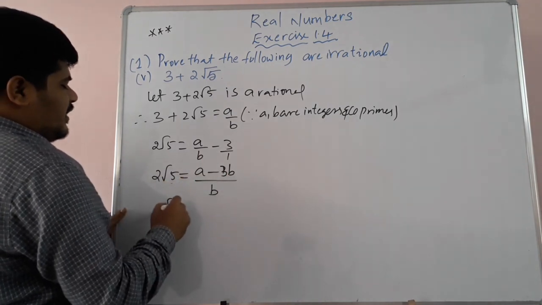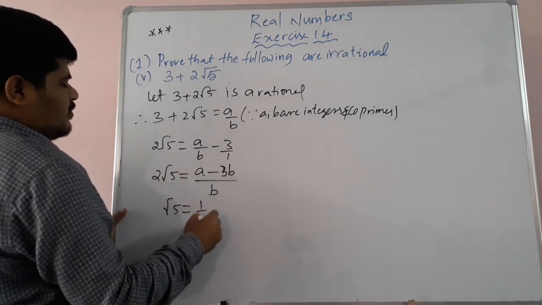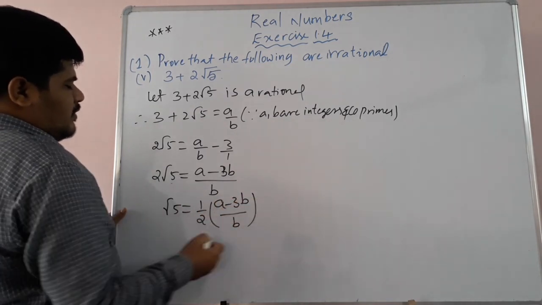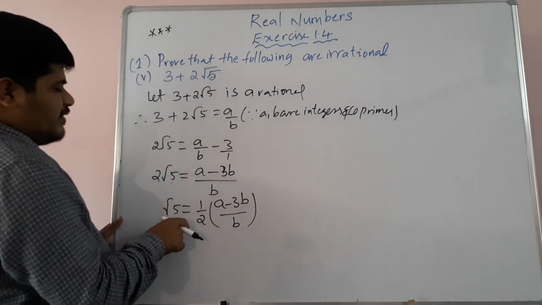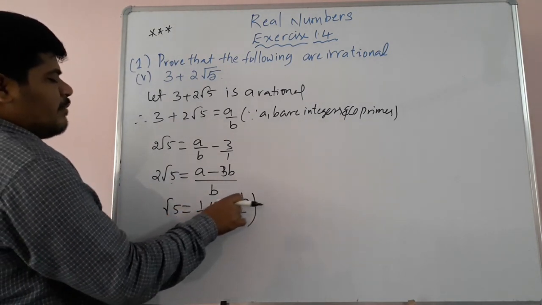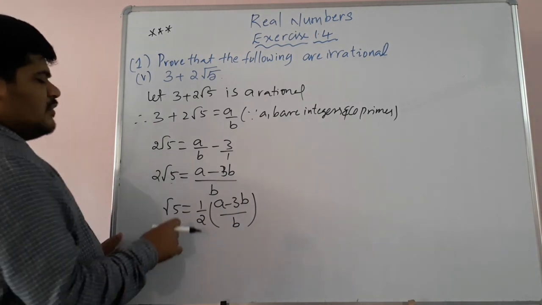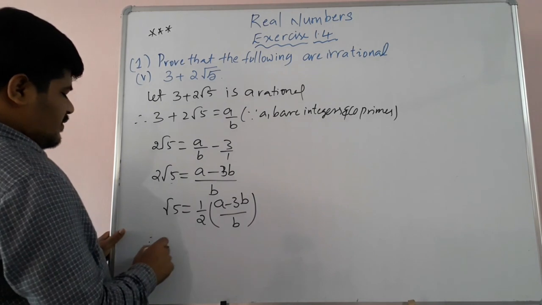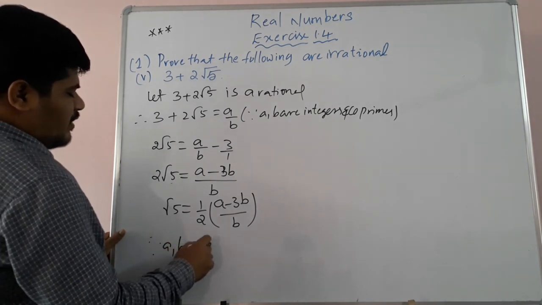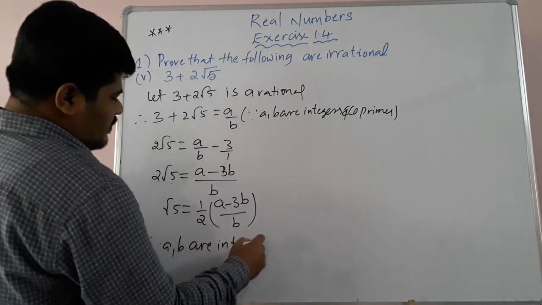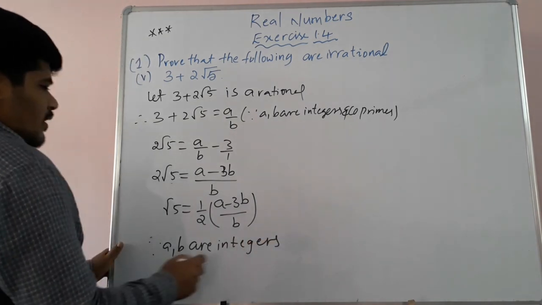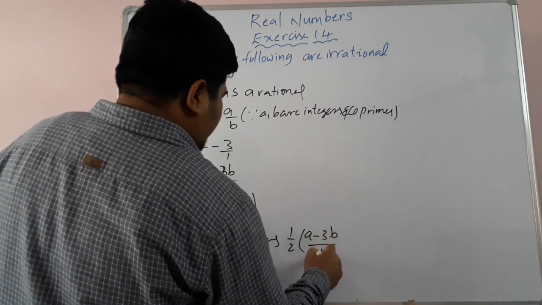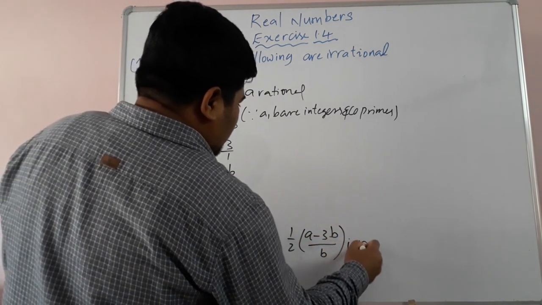So what is root 5, children? The 2 goes to the other side as division. So root 5 is equal to 1 by 2 of (a minus 3b) by b. So children, since a, b are integers, half of (a minus 3b) by b is rational.